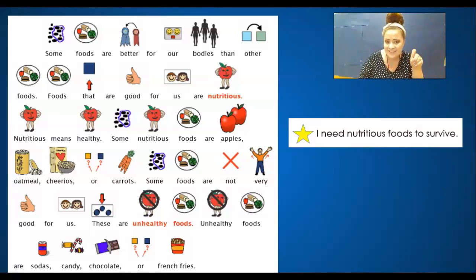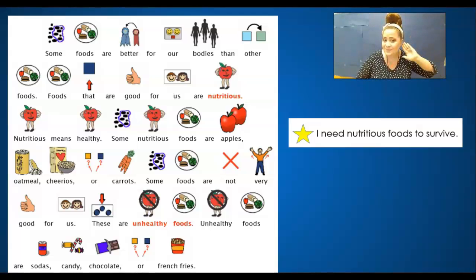I have a question for you. What is an example of nutritious food? Did you say apples? That's right. Apples are an example of nutritious food. I have another question for you. What's an example of unhealthy food?